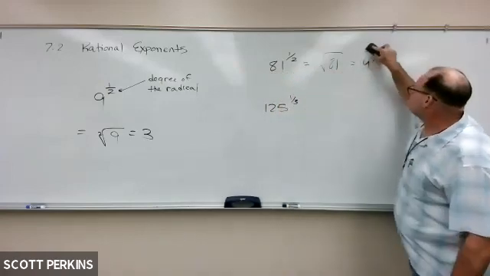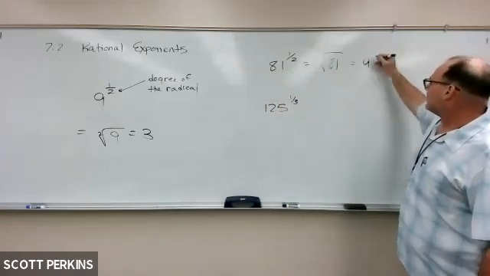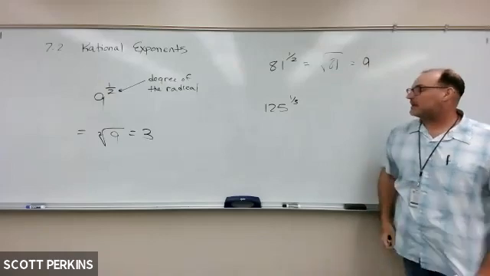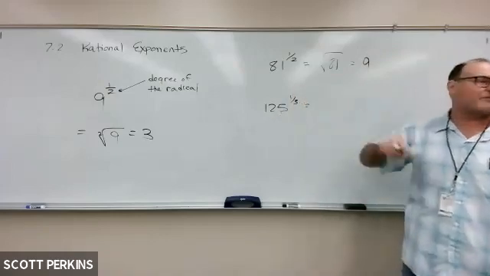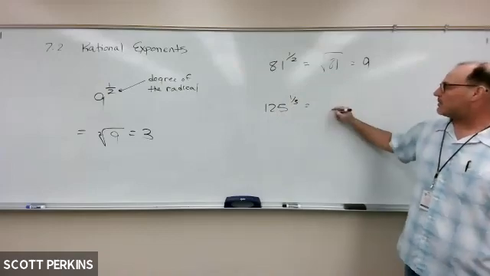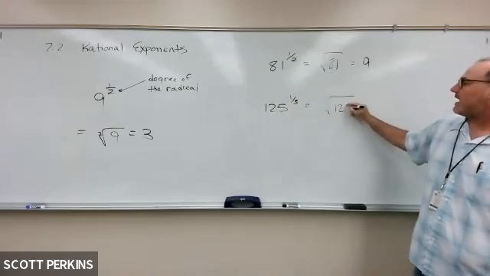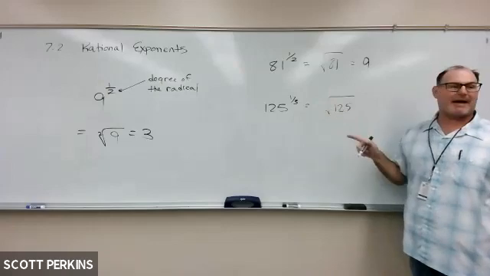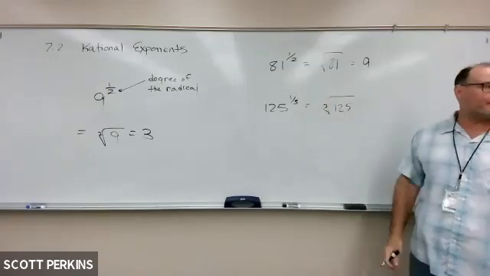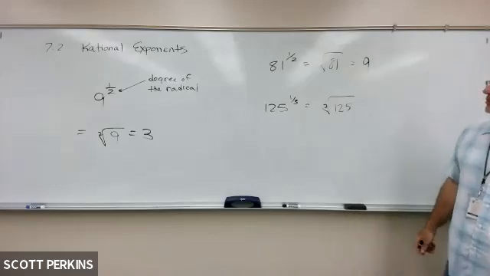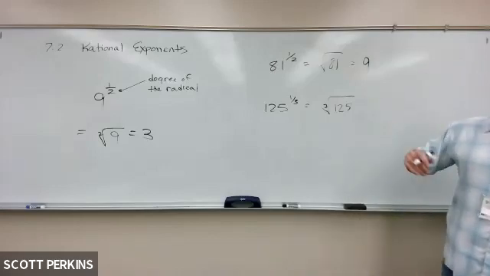So don't go too far with that. That is sometimes a mistake students will make when they see the number 9 or something else you could take the square root of. The next one, I've got 125 to the 1/3 power. So I'm going to have the radical with 125, but this time, what am I going to put in the basket here of the radical? I'm going to put a 3 in. Yep, that's reminding me to take a cube root. Okay, what number times itself 3 times gives you 125?